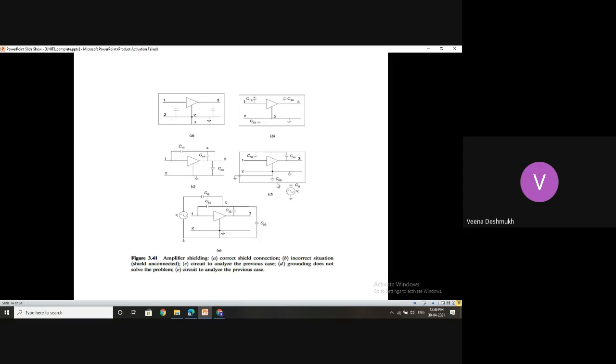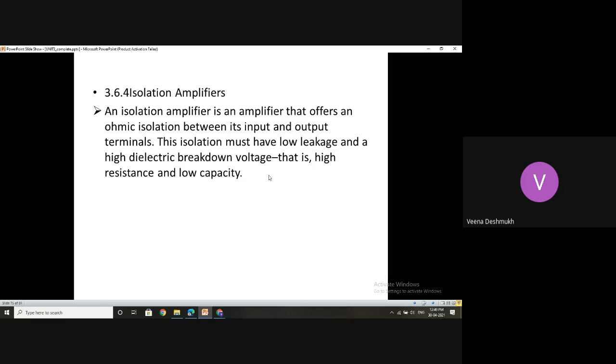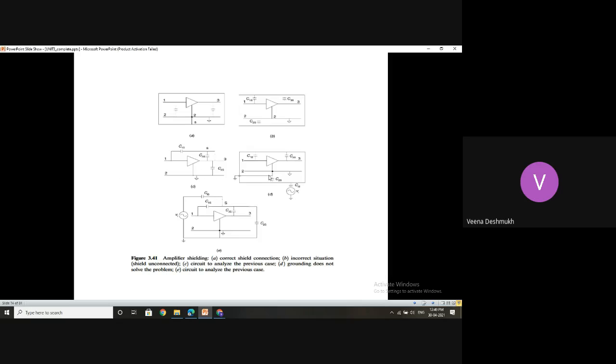If the value of this capacitance is small, even then it should be grounded. If the value of the capacitance is small, and just because of that you leave it open, this again produces spurious signals. So at no point of time in such circuits should ground connections be kept open.